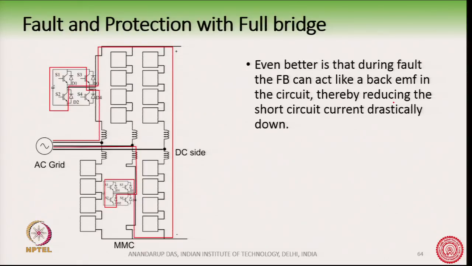And so, the short circuit current during this time can be drastically kept down by modifying the arm voltages. And so, some researchers have suggested not to shut down the transistors and instead work them like a back EMF or the controllable voltage source, so as to prevent the rise of current during fault condition.